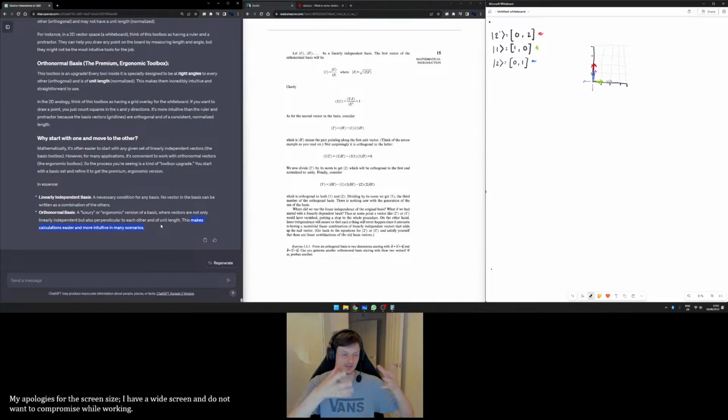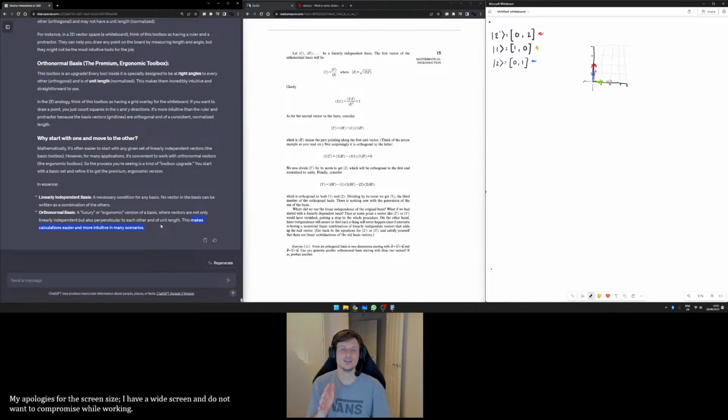So we've got this toolbox and two vectors in it, and they can be added together to make other ones, but none of the other two. If there were more than two, we couldn't make a third one from it, the one that might be in the box. So let's imagine there's only two.